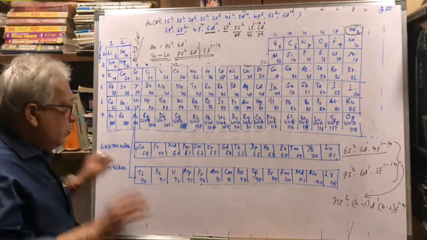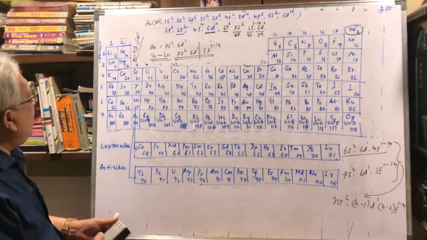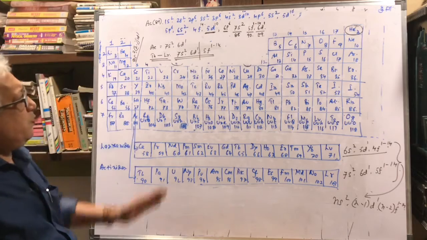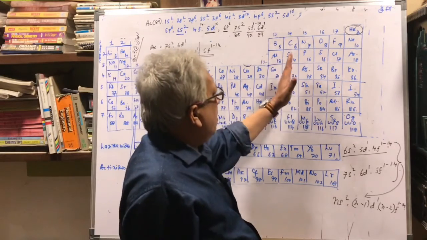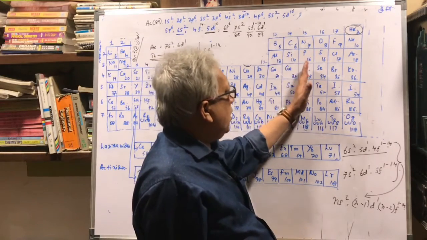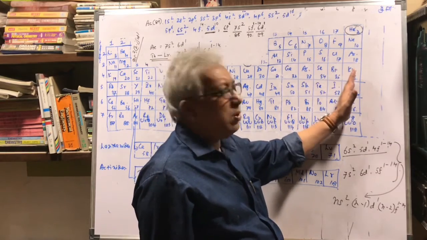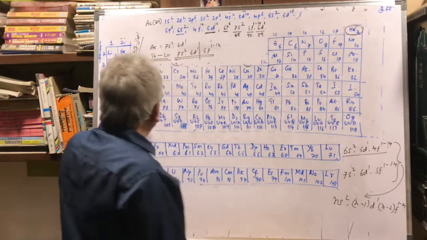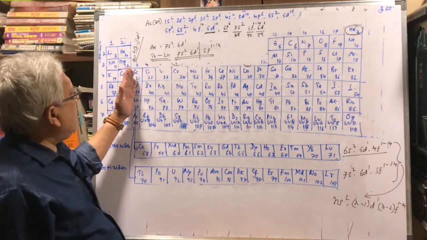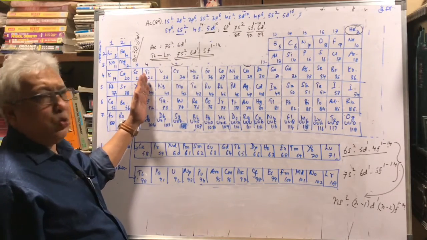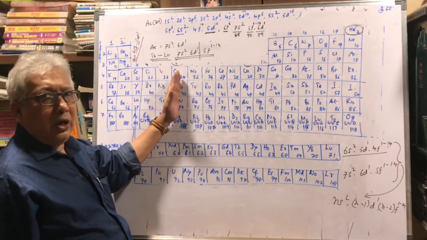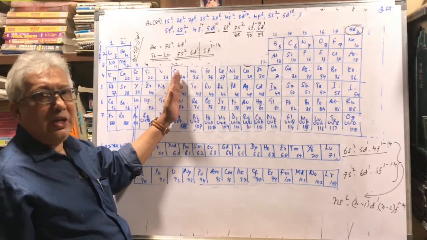So now, if you ask me the electronic configuration: ns1, ns2, ns2 np1, ns2 np2, ns2 np3, ns2 np4, ns2 np5, ns2 np6, except helium. This is ns2 (n-1)d1, ns2 (n-1)d2, d3, d4, it can become ns1 (n-1)d5.